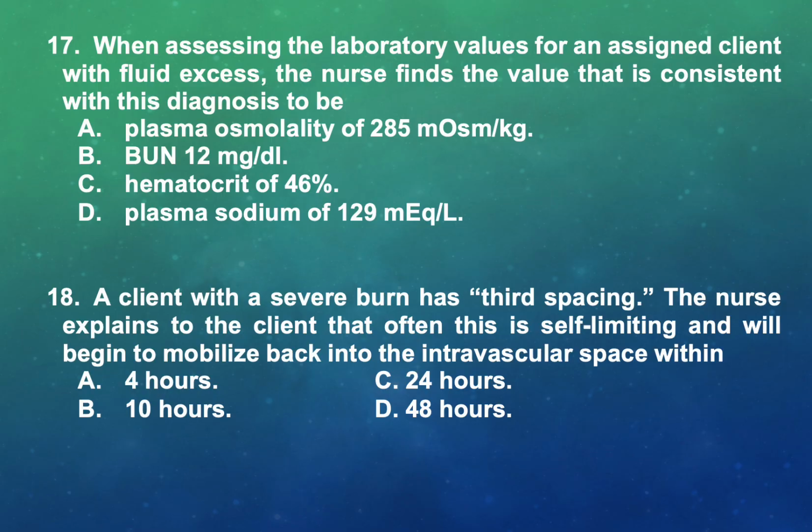A plasma sodium level of 129 is low, which is hyponatremia, which is highly consistent with hypervolemia caused by fluid retention, diluting serum sodium concentration. 17, the answer here is Delta.